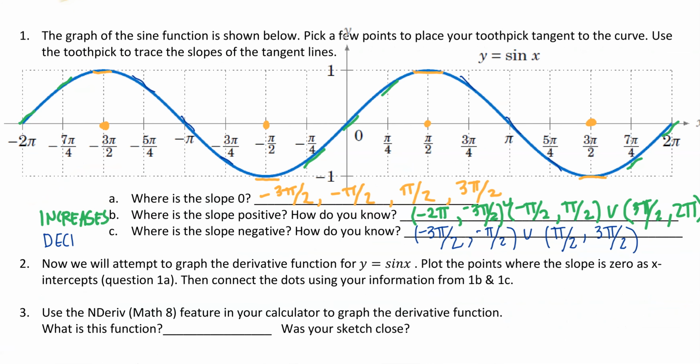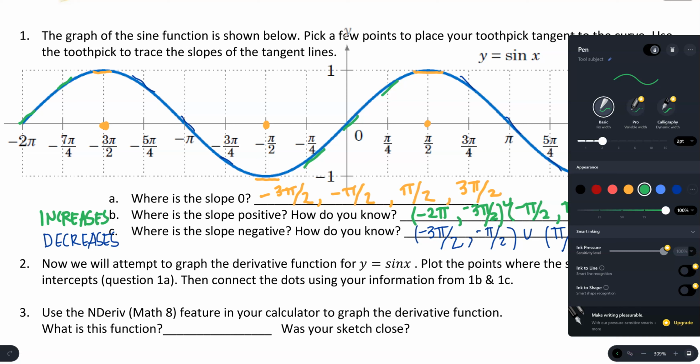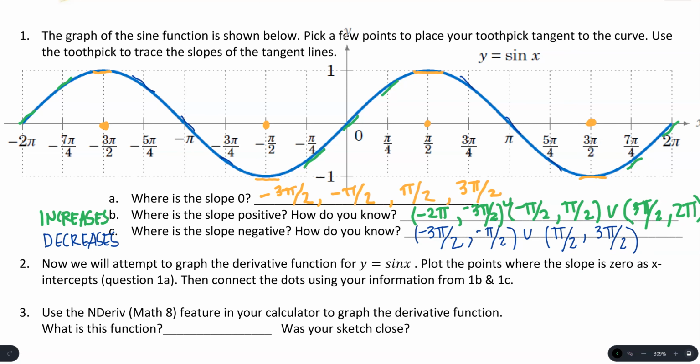Okay. So now let's graph the derivative. Let me change my color. So we got the x-intercepts of the derivative curve. But where is the graph going to be above the x-axis and where is it going to be below the x-axis? Okay, so it's going to cross the x-axis at negative 3 pi over 2.